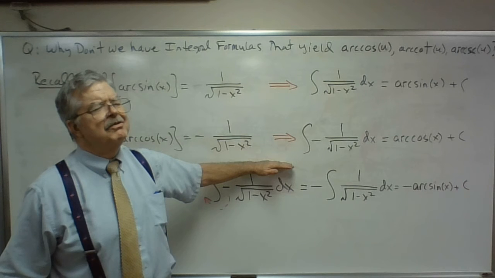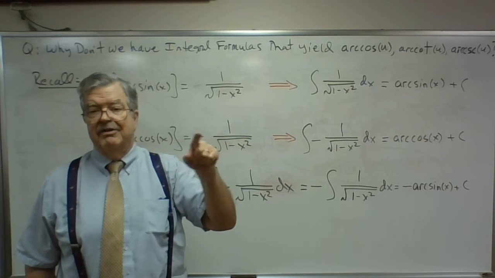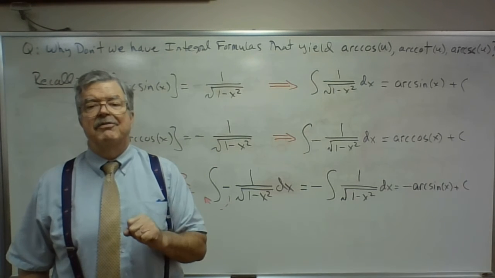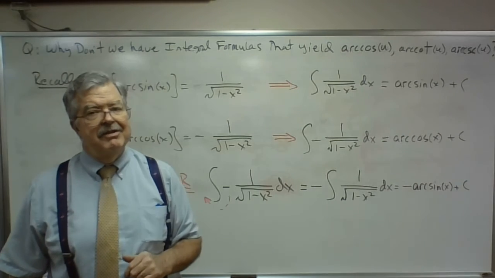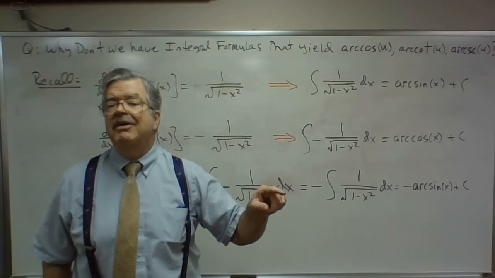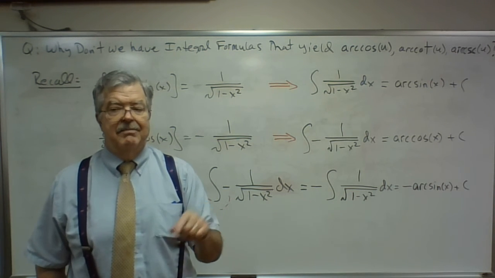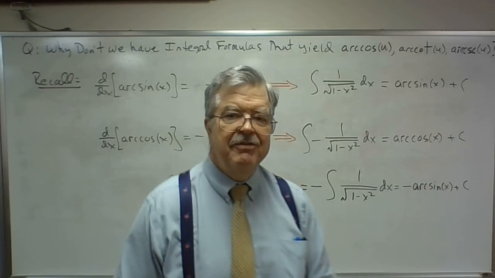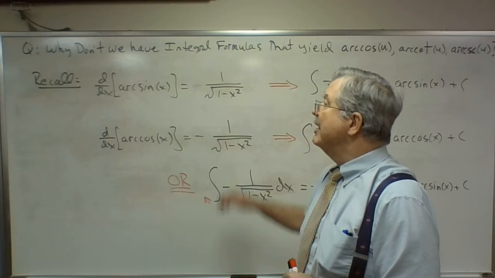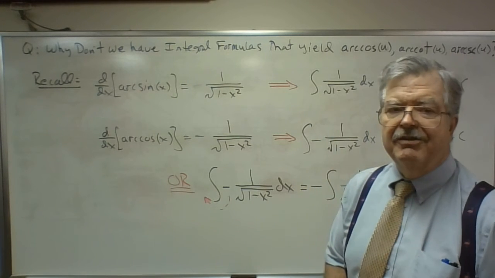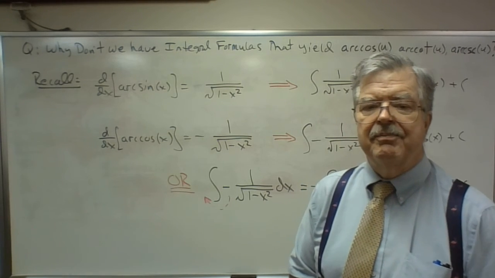This is why we have integral formulas that only give us arc sine, arc tangent, arc secant. The other integral formulas can easily be rewritten so that instead of giving us arc cosine, arc cotangent, arc cosecant, we get arc sine, arc tangent, arc secant. So in the name of simplicity, and the fact that we don't need to have any more integral formulas, we only have formulas that give us arc sine, arc tangent, arc secant.